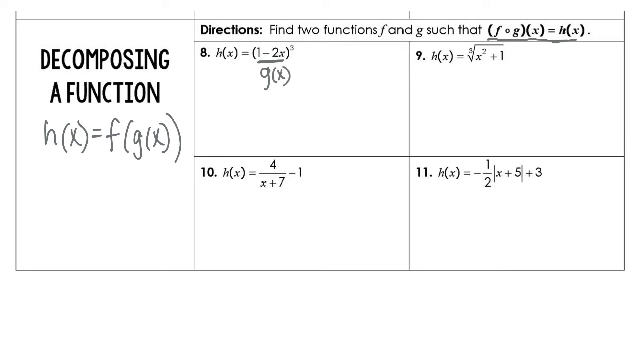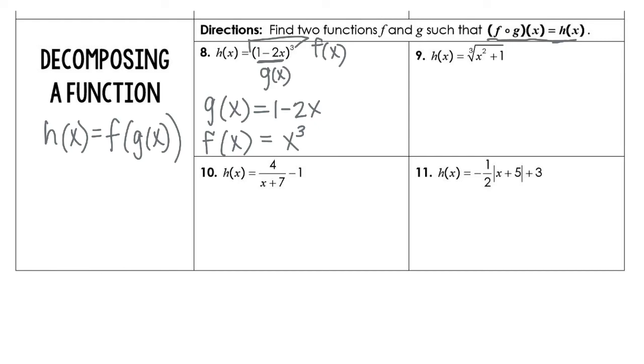And then this outer part, that is going to be your f at x. So it looks like our two functions here, g of x was 1 minus 2x, and then f at x was x cubed. Because it can't just be the parentheses there cubed, it was your x that was there.